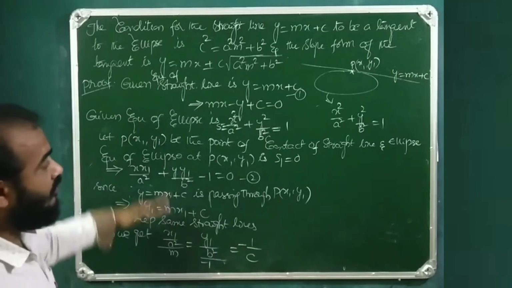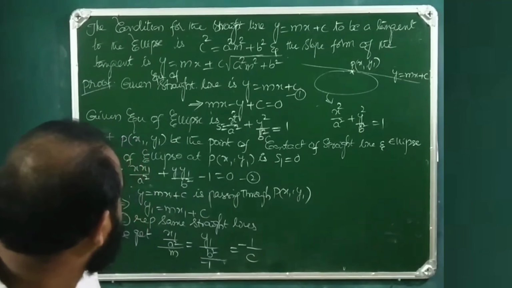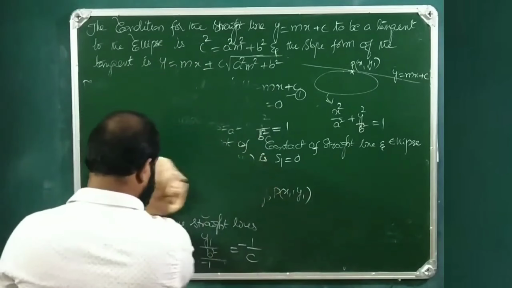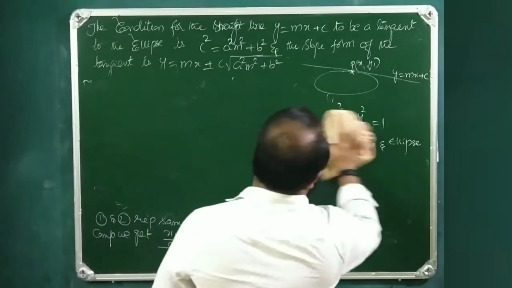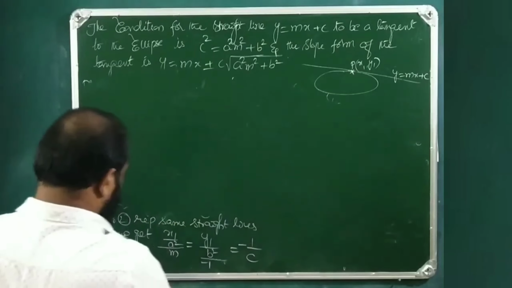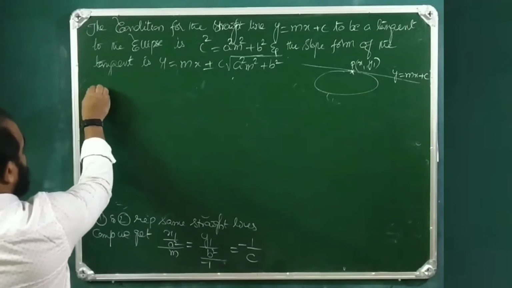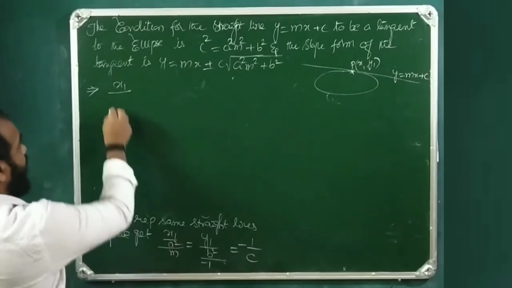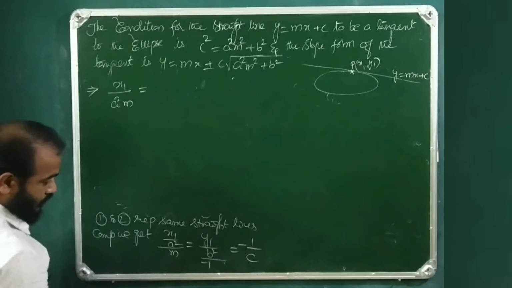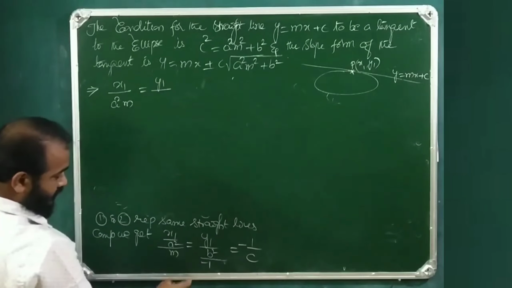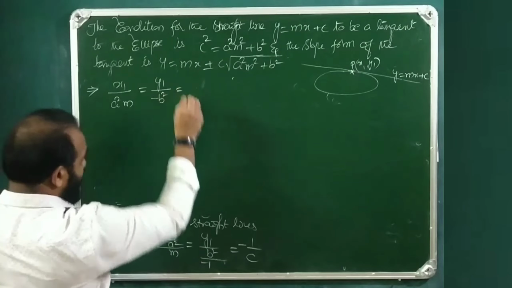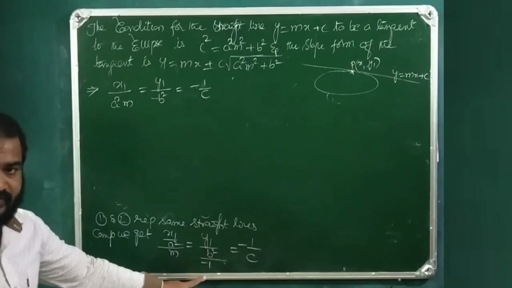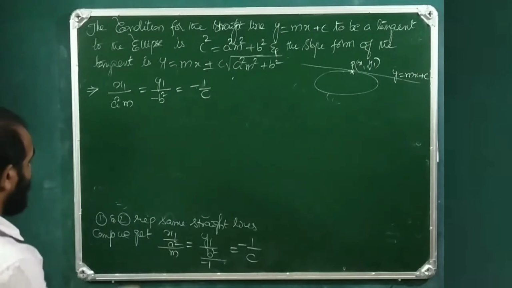So x1 by a square m is equal to y1 by minus b square, is equal to minus 1 by c.